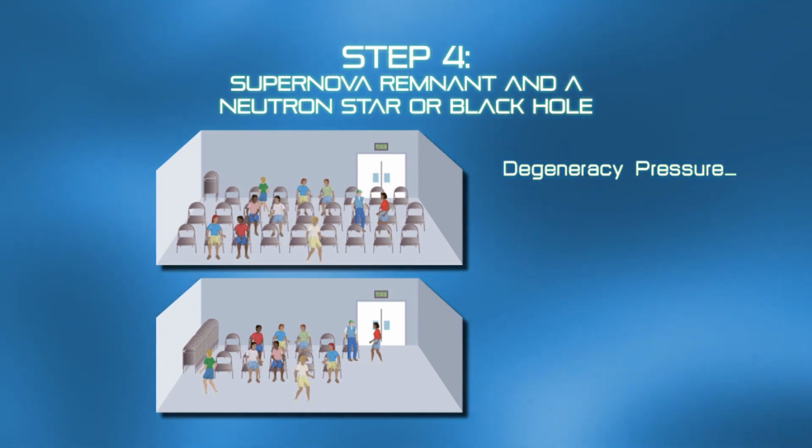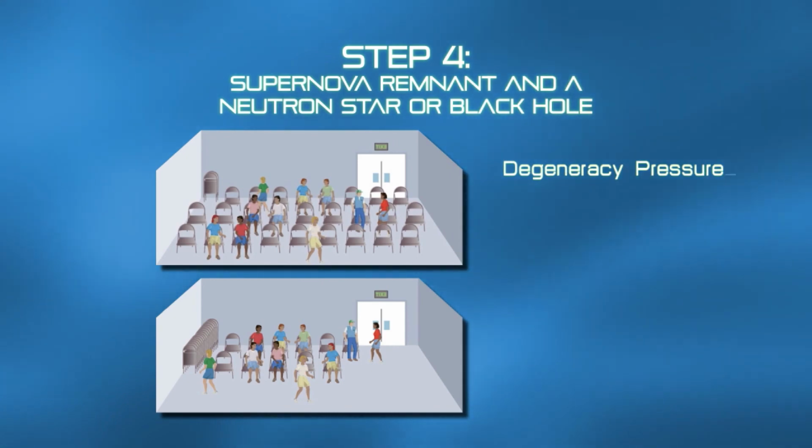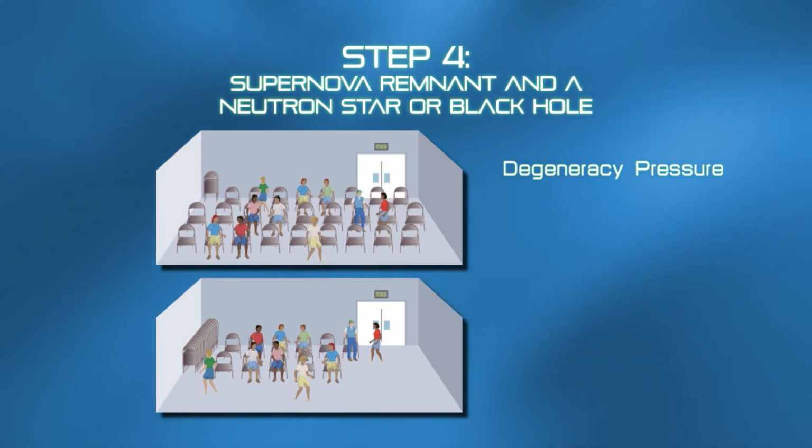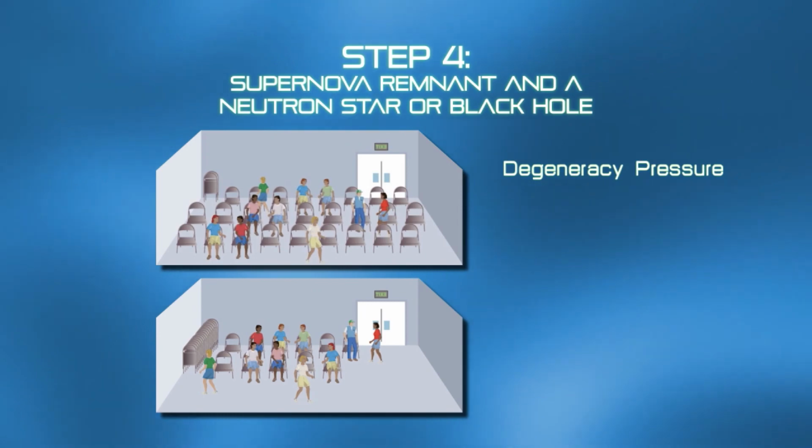Neutron degeneracy pressure, if each one of those students is equivalent to a neutron, is not exceeded, but that capacity is met. So that would be kind of similar to the conditions that allow for a neutron star to form. You have those neutrons packed together as closely as possible, but you don't exceed that capacity.